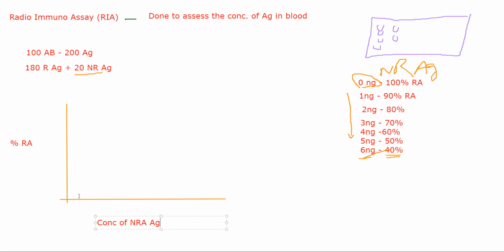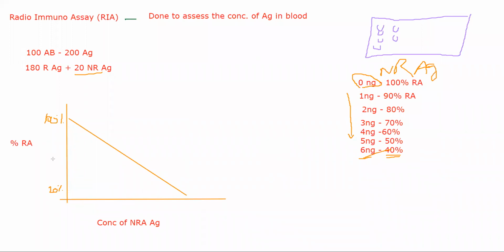Let's suppose this is 20%, and here 100%. At 100% the concentration of non-radioactive antigen will be 0. It was 0 here, the same way, so the graph will go down like this.